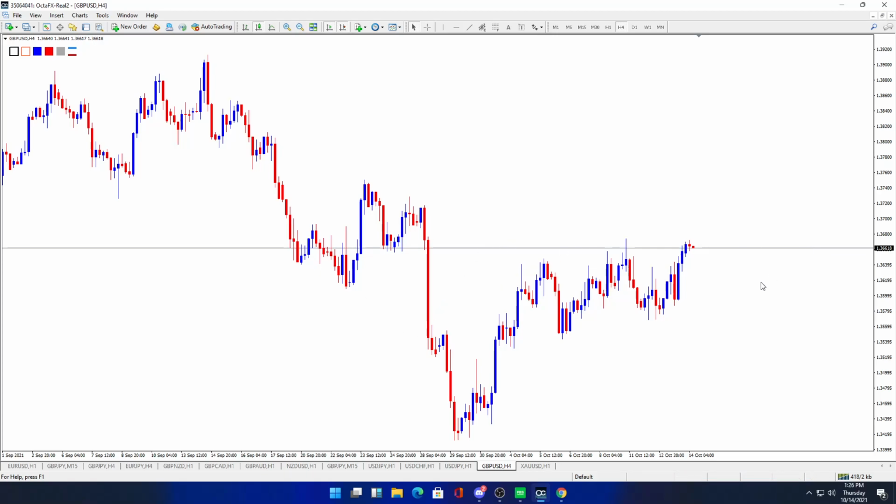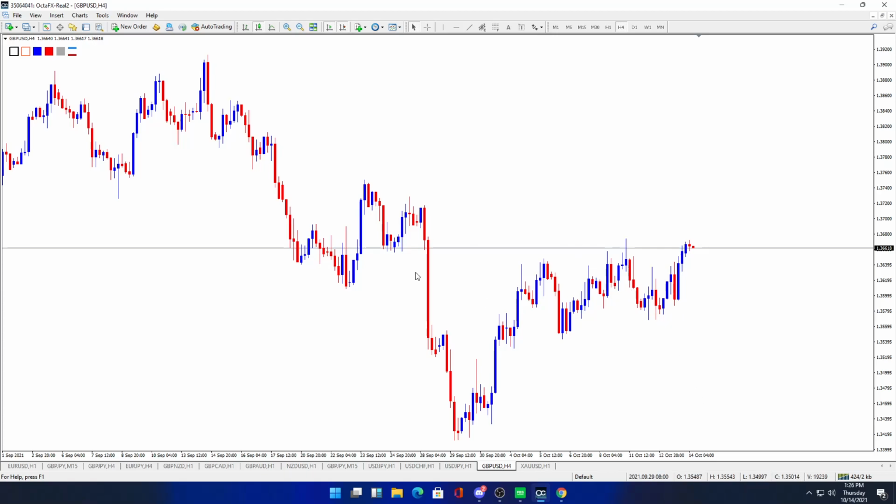Sideways means the price is in indecision whether to go up, go long, or go short for sell.